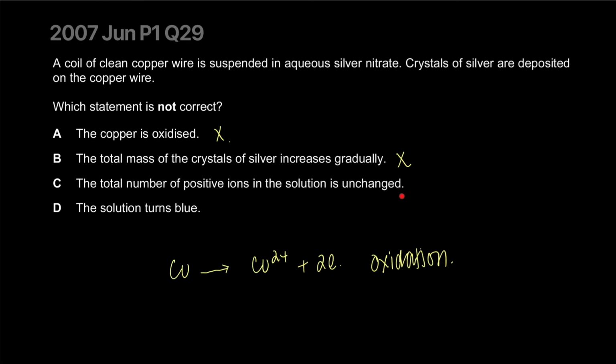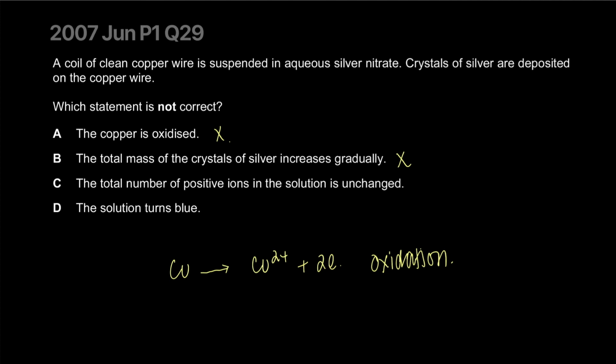That is interesting. This is confusing me a lot because these statements seem correct and I'm looking for the incorrect one. Okay, the total number of positive ions in the solution is unchanged.